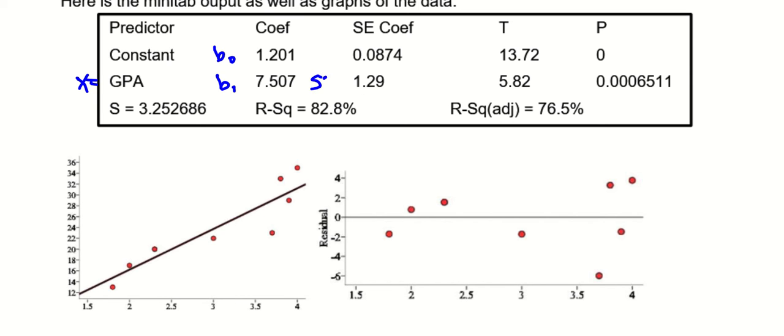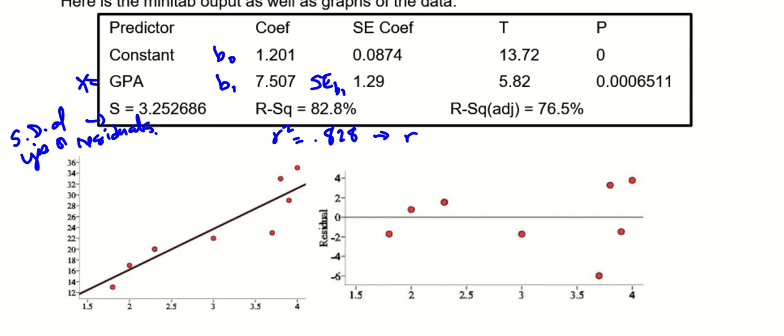So this would be our standard error of our slope. We have r squared, which is 0.828 as a decimal, and we could find r by taking the square root of that. We also have this, which is our standard deviation, right? So it's our standard deviation of our y's, or our residuals.